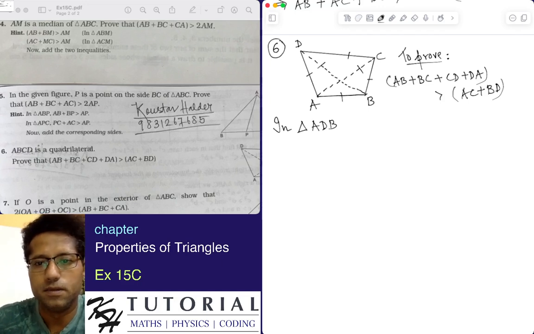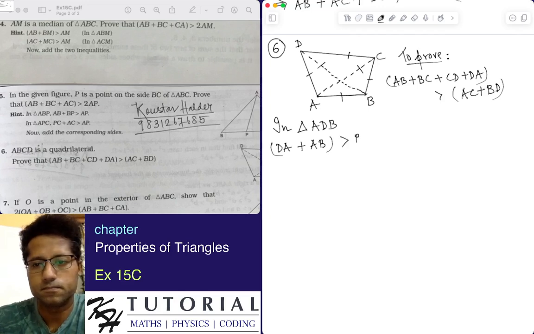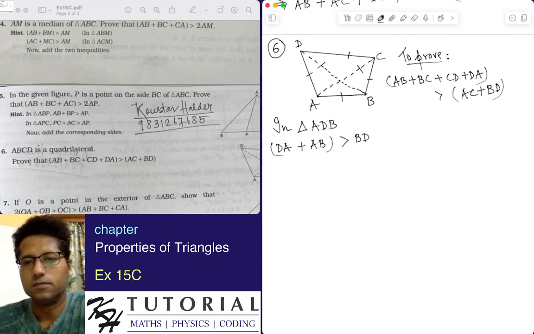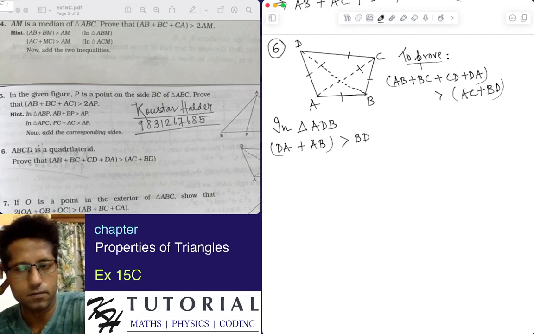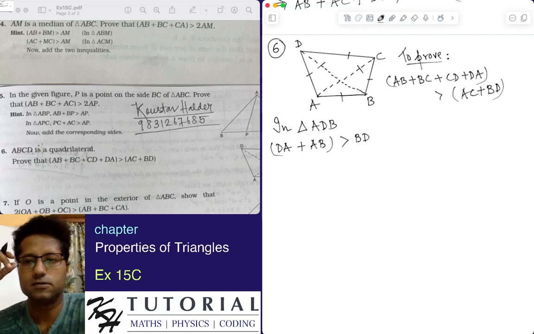In triangle ADB, from the triangle inequality, DA plus AB is greater than DB. From the triangle inequality, we know that the sum of the lengths of two sides is greater than the length of the third side. So in triangle ADB, DA plus AB is greater than BD.